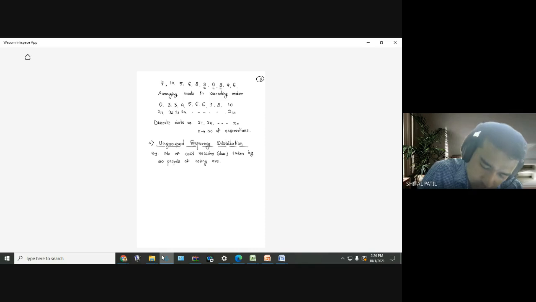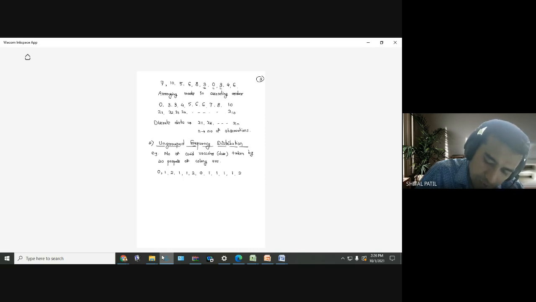Okay, so say person 1, he is not interested in this COVID dose, or say he is not afraid of the pandemic situation and he has not taken any dose. 0. Person 2 has taken 1 dose, then 2. Person number 3, and so on. So I'm writing number of doses. So 1, 1, 2, 0, 1. For example, again, this is for example.